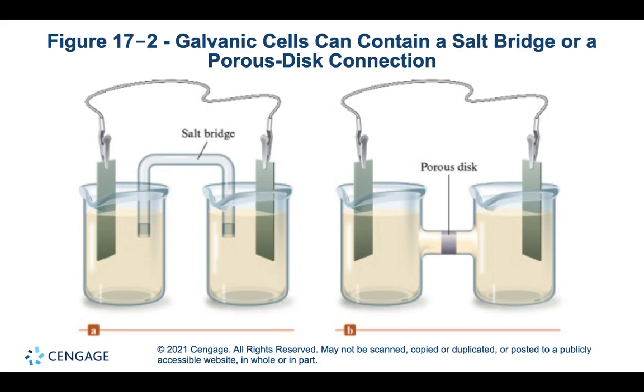The movement of positive ions to the left would be the same as the movement of negative ions to the right. And this can happen either in the salt bridge or from one beaker to the other through the porous disc. So you have to have these for this galvanic cell to work and produce electricity, because without it, you've got an open circuit. You have to have something that completes the circuit.